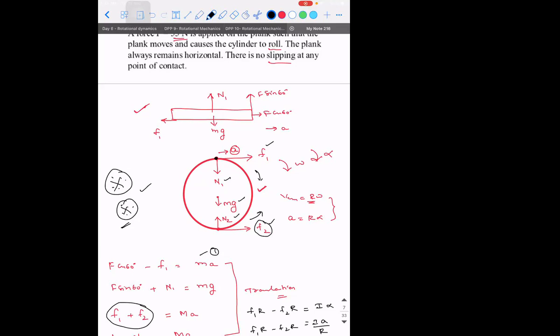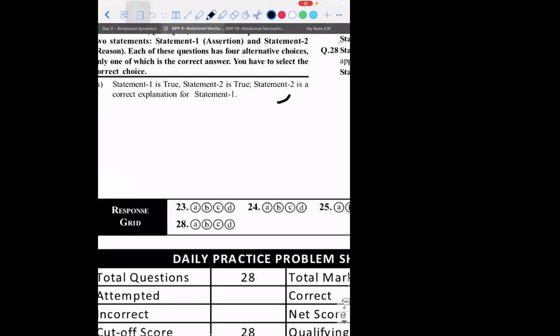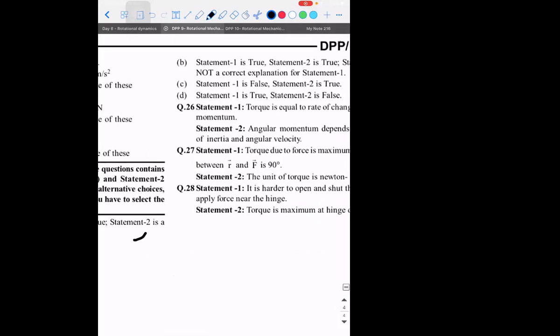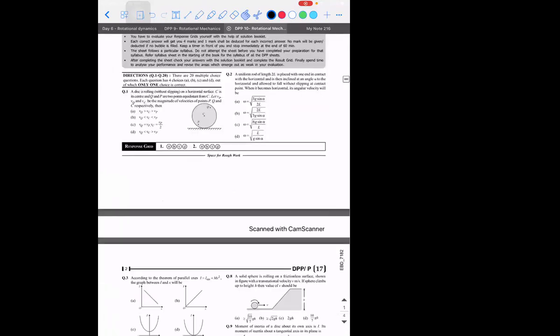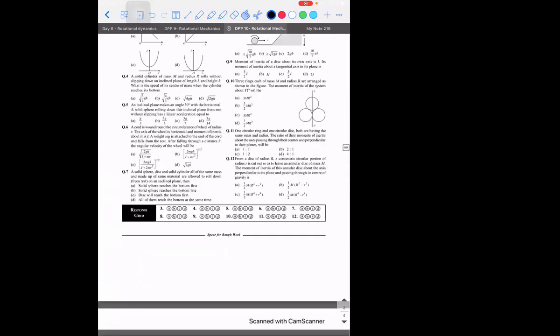So I will stop with this because the next problem is, I think, big. We will do one more problem tomorrow, and I will explain. We will try to do previous year JEE questions to understand. Wait, not previous year. I think I have another set which has rolling motion, the combination of rolling motion, everything.